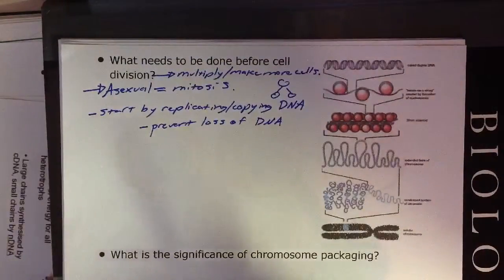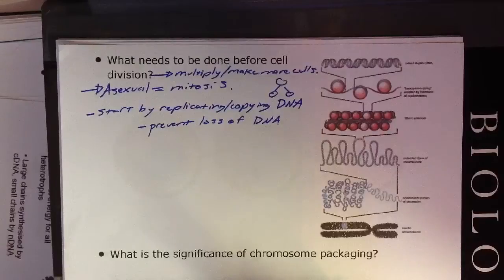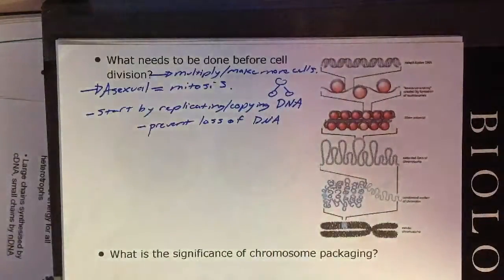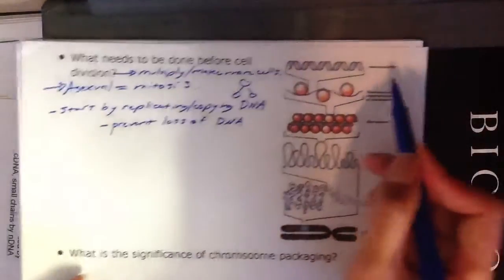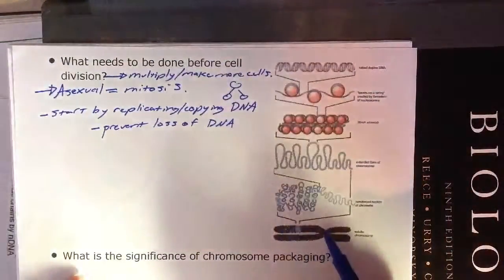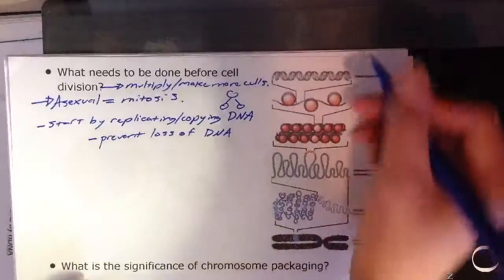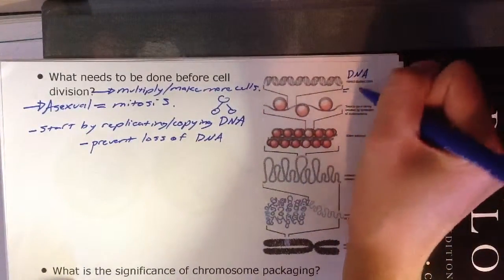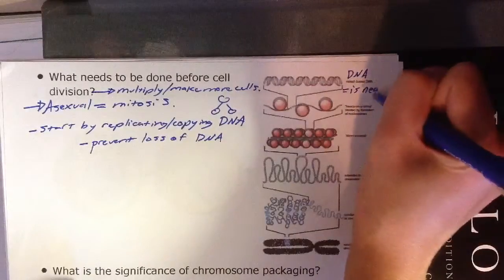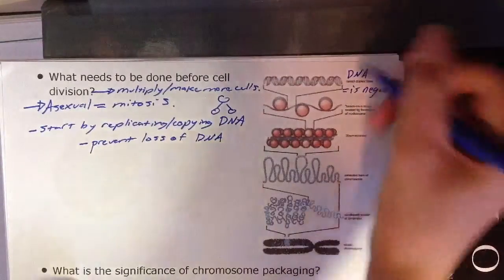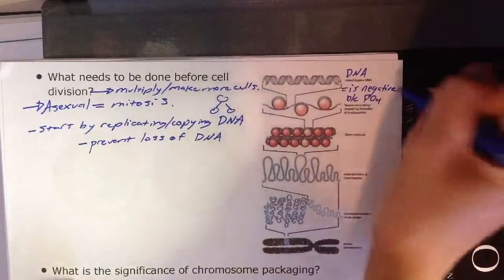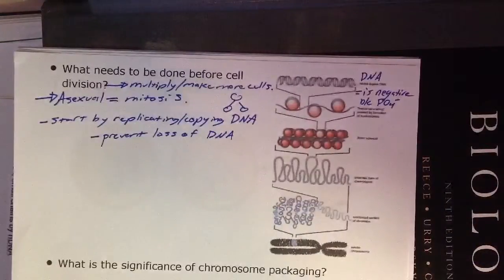So, how does the DNA divide? We will be talking specifically about mitosis in the next section of notes, but we want to know a little bit about the DNA before we can move on. As it turns out, DNA is negatively charged. And this is going to be because of the phosphate, the PO4 group on the DNA.